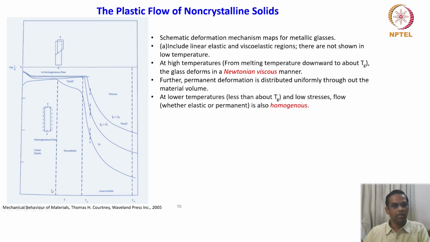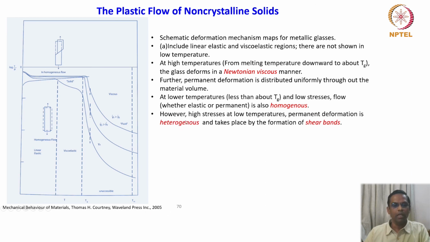At lower temperature, less than Tg, and lower stresses, in this corner, the flow, whether elastic or permanent, is homogeneous. However, at high stresses and low temperatures, in this region, permanent deformation is heterogeneous and takes place by formation of shear bands.